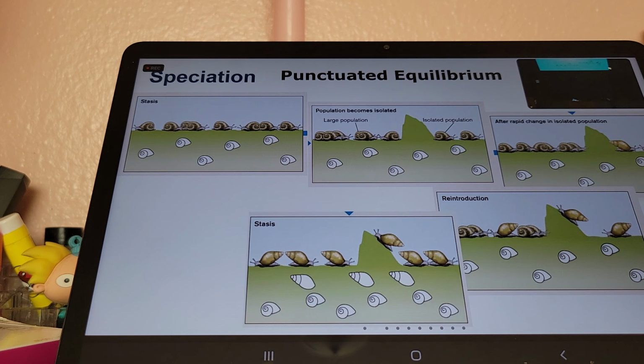Then ultimately, the population from the new area that had to adapt to perhaps more challenging environmental conditions or more challenging selective pressures are actually better adapted for life even in the core area. So they come back in and they wipe out or replace or genetically swamp through interbreeding the original ancestral population.